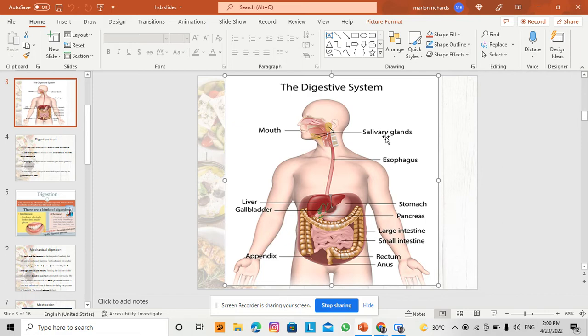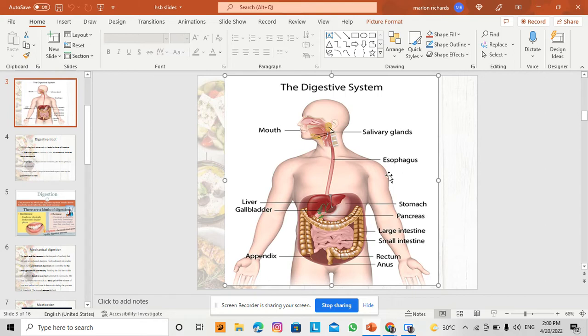Okay. Then the food moves on to the esophagus. The esophagus transports the food to the stomach.